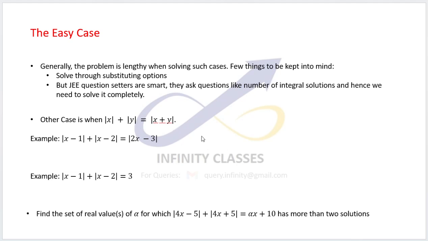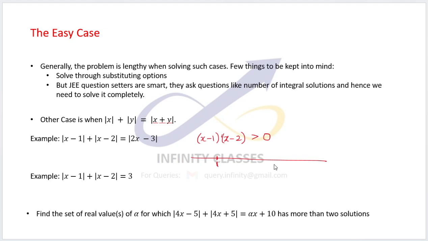That means in this case, x minus 1 and x minus 2 should be of same sign. That means both should be positive or both should be negative. In both the cases, the multiplication of them should be positive. So I'll just solve this and get the answer out of it. So I'll quickly solve it.